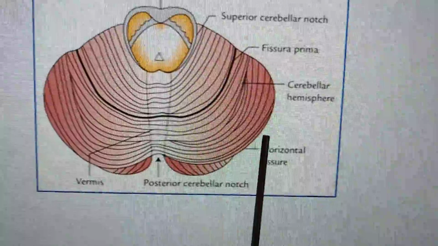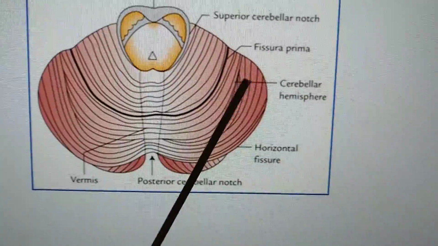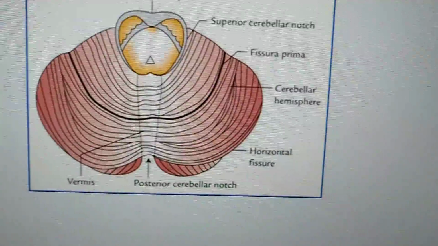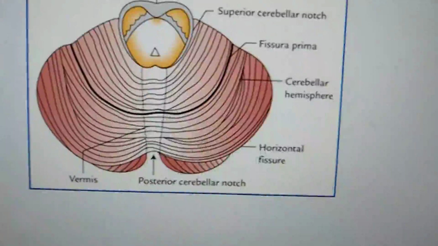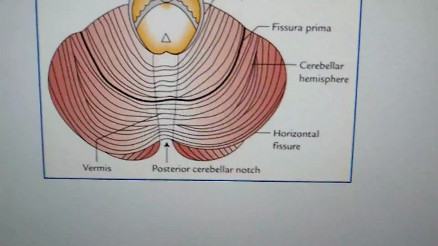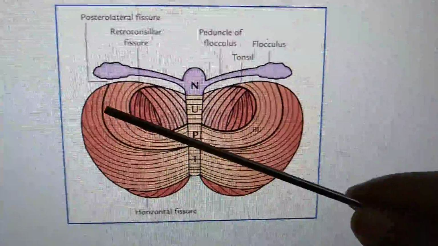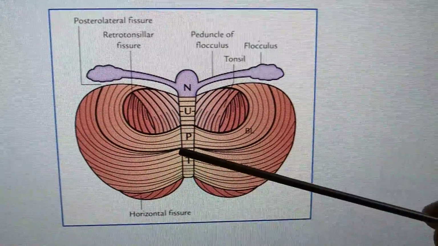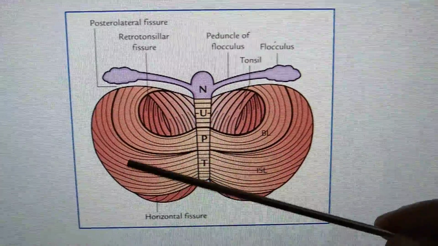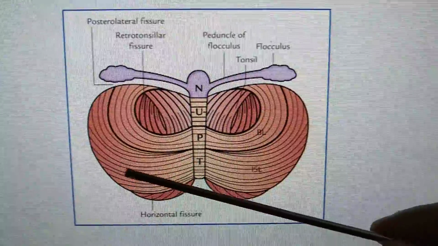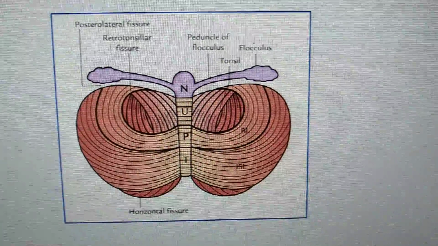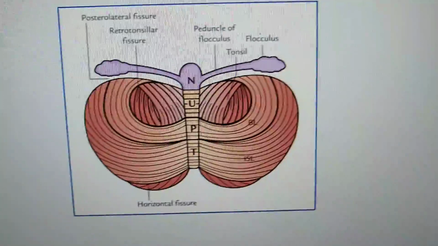Then there is a horizontal fissure that is separating the superior surface from the inferior surface. Then here we have the posterolateral fissure that is separating the flocculonodular lobe from the posterior lobe or the middle lobe. So that completes the fissures.